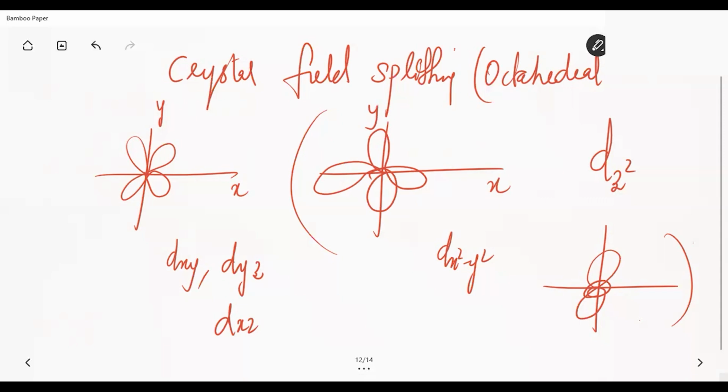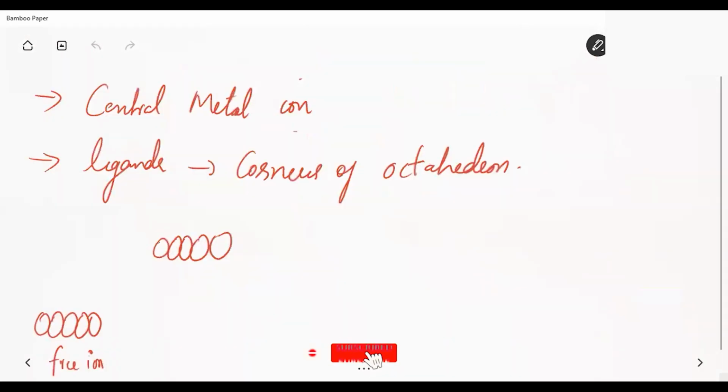So these d orbitals will suffer more repulsion and are raised to a higher energy. We call them Eg orbitals, E and small g.